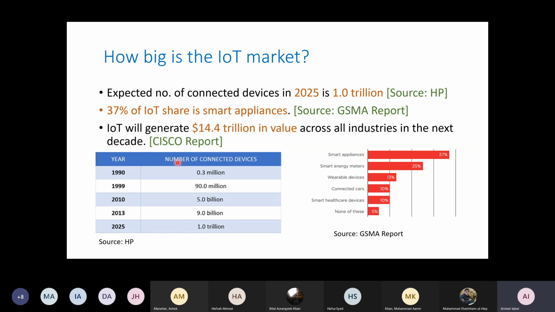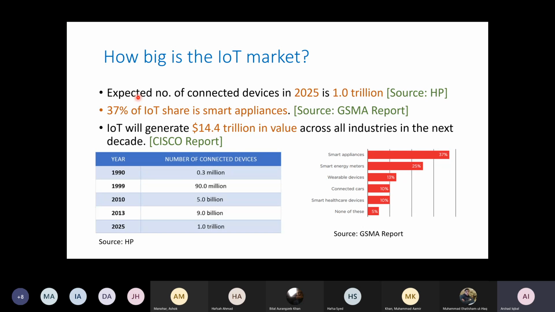If you could see on the right of the screen, there are some plots which say that smart energy meters have a share of 25%, while wearable devices, connected cars, and smart healthcare devices have a share of 13, 10, and 10% respectively. So this shows the importance of IoT in the world.